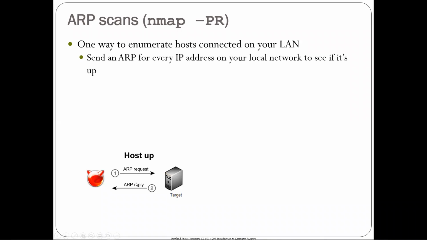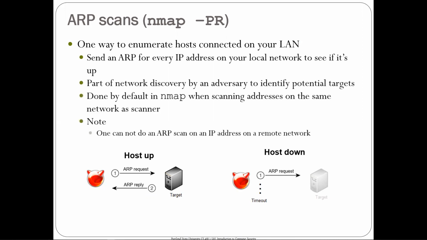That's just basic inventory. If the host is up, it'll send me the reply. If the host is down, I'll get a timeout because nobody's going to respond to this request. That's a very common thing, and this is all done as part of network discovery to identify targets on a local area network.